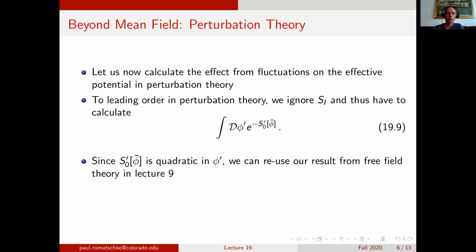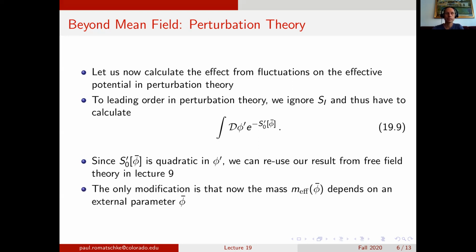Since the action S_0 prime is quadratic in the fluctuation field phi prime that we're integrating over, we can just reuse our result from free field theory in lecture 9. The only modification is that the mass parameter is now an effective mass that depends on the external parameter phi bar.